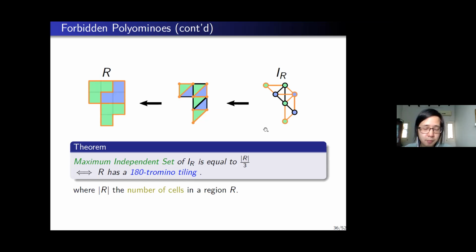And so if the size of the independent set of the intersection graph is equal to the number of cells of the region R divided by 3, then the region will have a 180 tromino tiling.